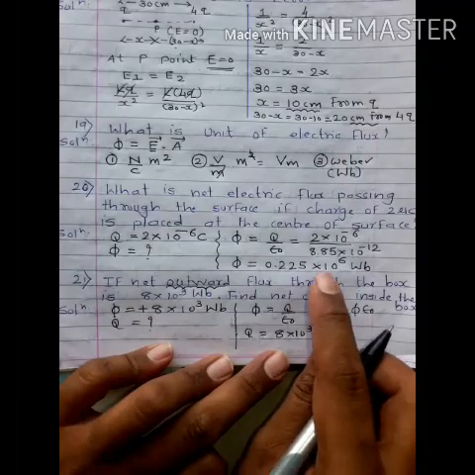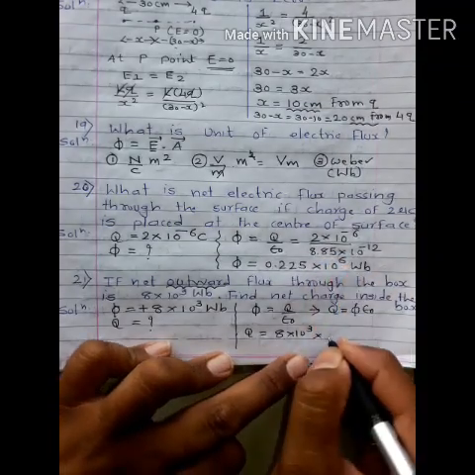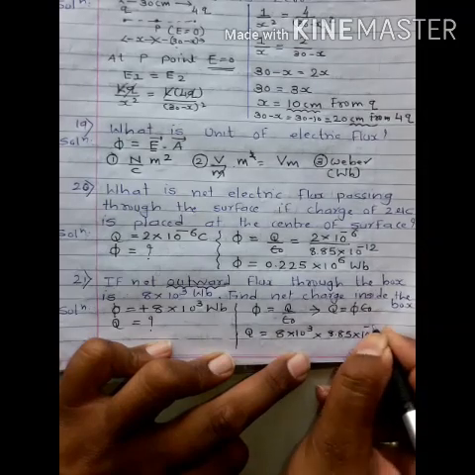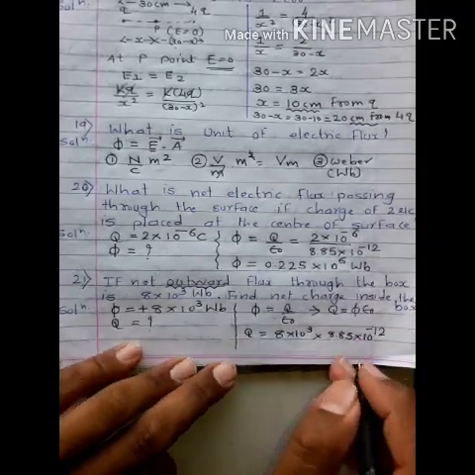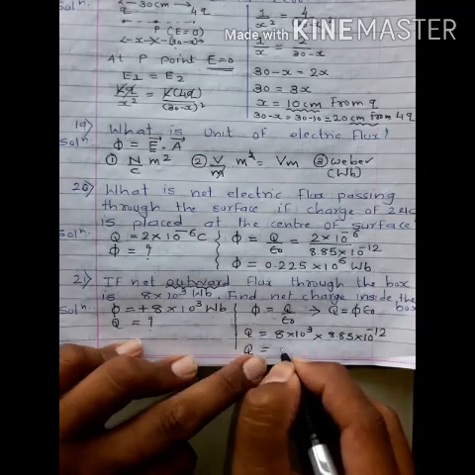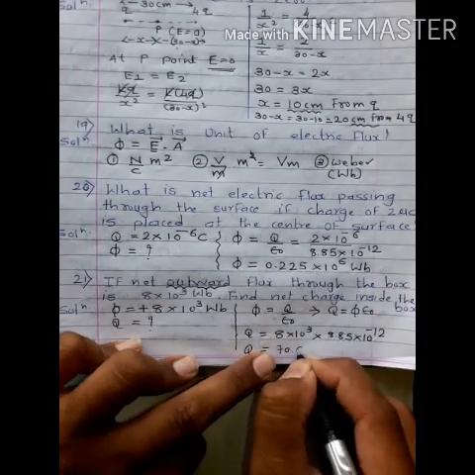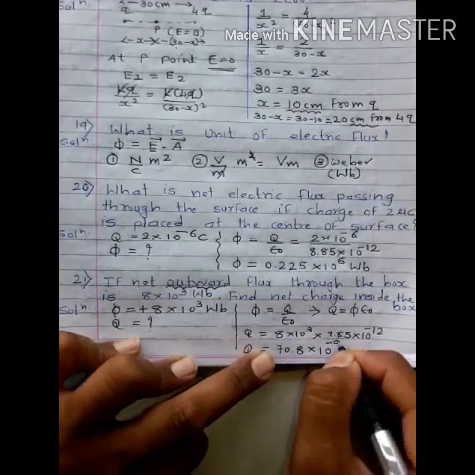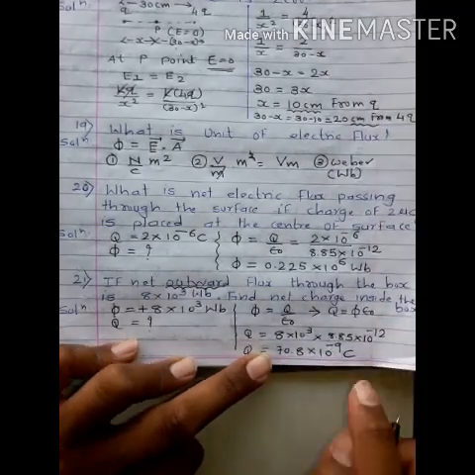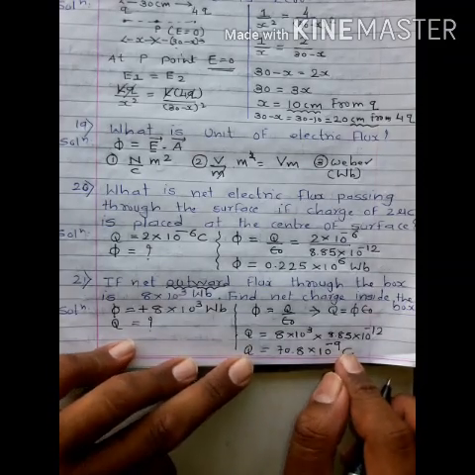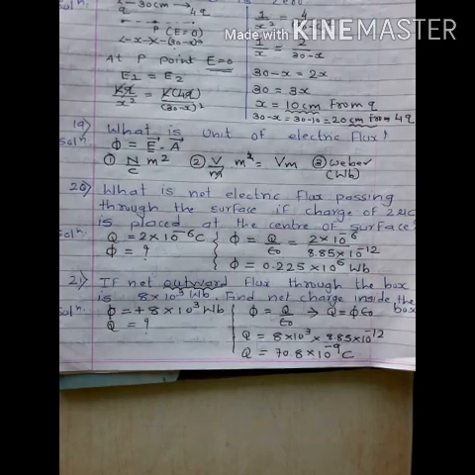Epsilon 0 is our standard constant, 8.85 into 10 raised to minus 12. Now solve this example. So our answer is capital Q is equal to 70.8 into 10 to the power minus 9 coulomb. So this amount of electric charge is enclosed by the box.